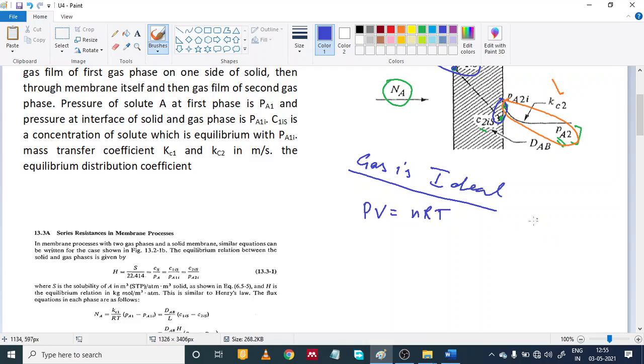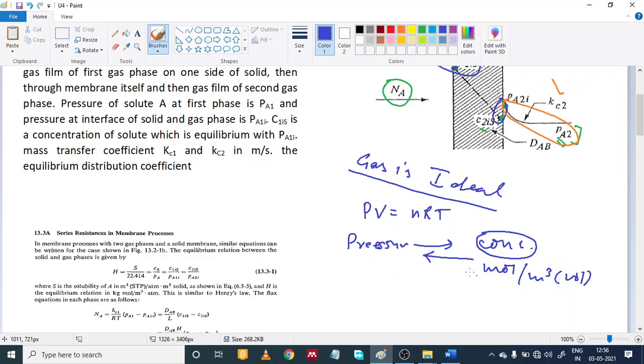Earlier, in the diagram, we have to convert this pressure into concentration. If we have a concentration format, it is easy to develop the equations. Concentration normally means moles per meter cube of volume.